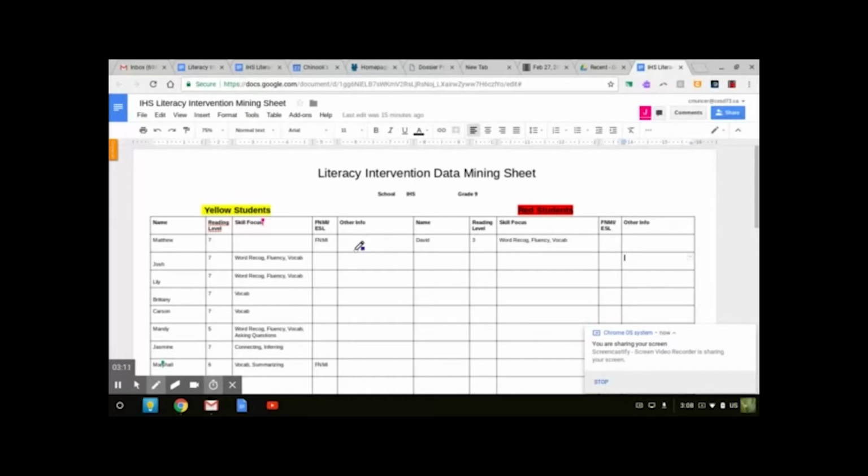I haven't given them an essay or anything yet, but we're working up to writing skills. So that's important. So let's type in under other that he does better with auditory learning. He struggles with writing, because we know that writing is directly connected to reading.